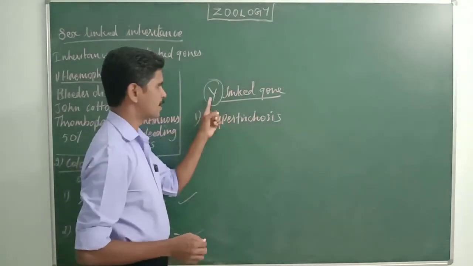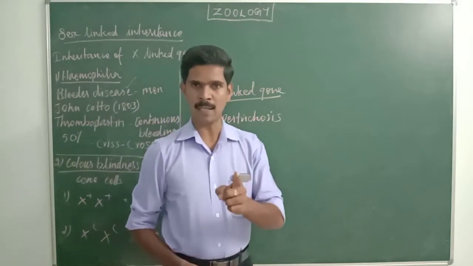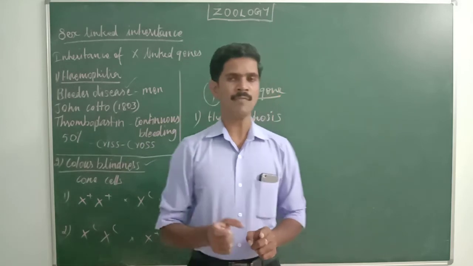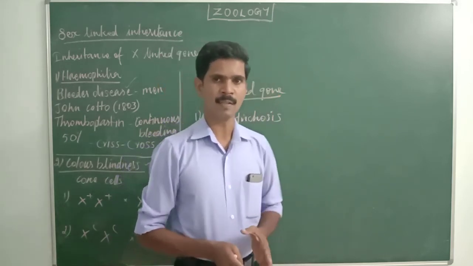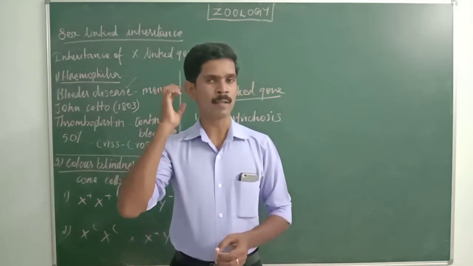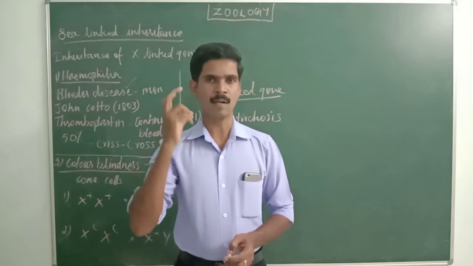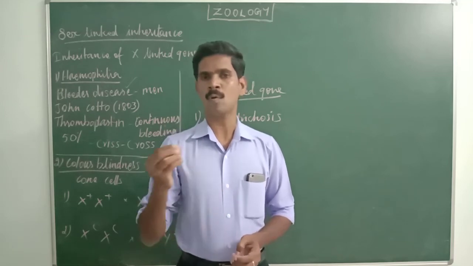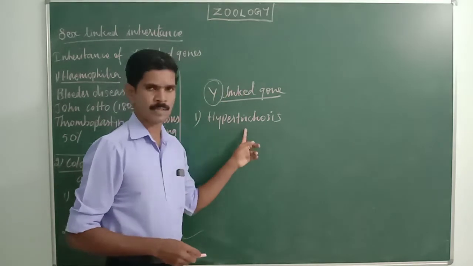Y is the sex chromosome only in males. Here, if anyone is affected with this disease, a large amount of hair grows on the pinna region. So in some males the pinna region has more hair. This condition is called hypertrichosis.